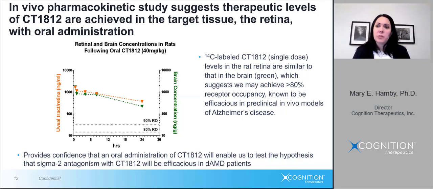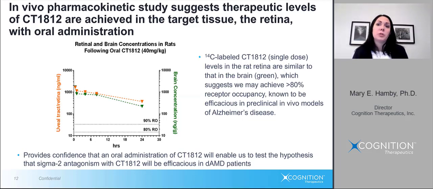In terms of moving forward towards progressing a sigma-2 antagonist for AMD, we didn't know in these Alzheimer's disease patients whether CT1812 was reaching the eye tissue, the retina tissue, and what the drug exposure levels were. So we instead did a study in rat.